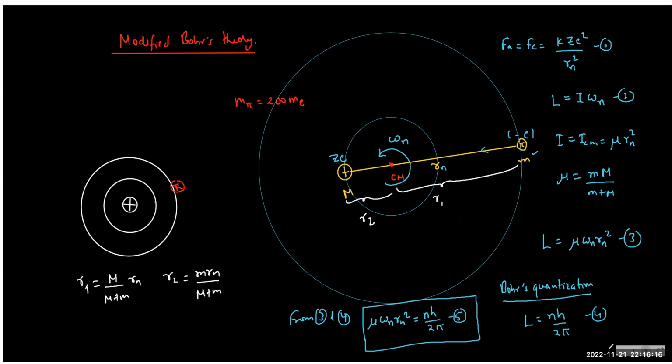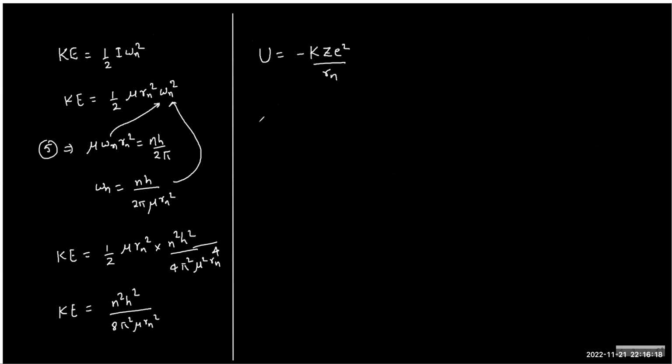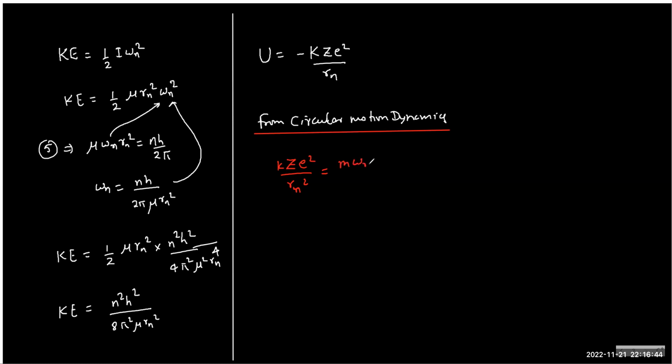So now what we can do next is write the equation of circular motion. From circular motion dynamics, the net force is k Z e square by Rn square, and the net force equals M omega square R. You can say R1 because for M it is R1.